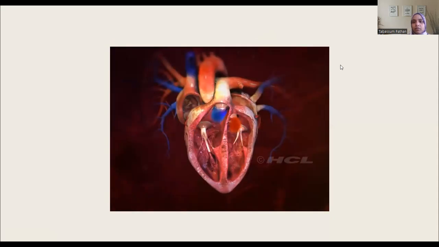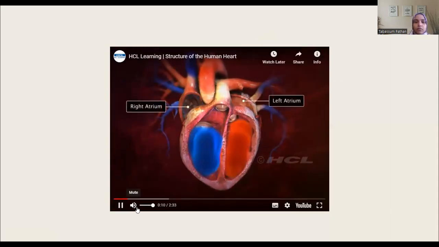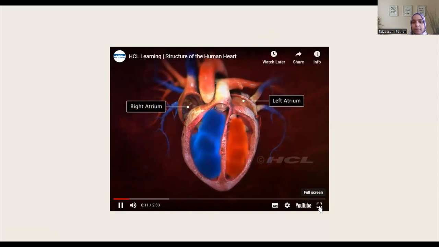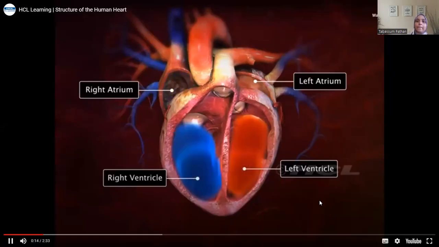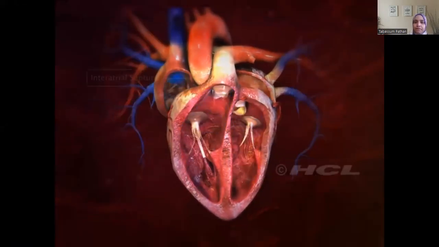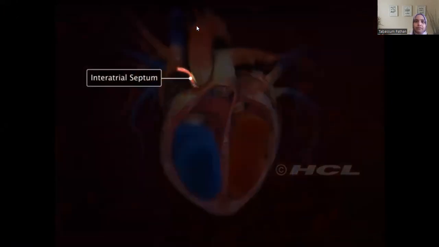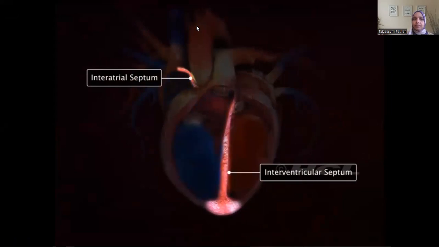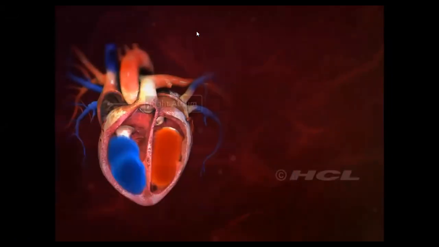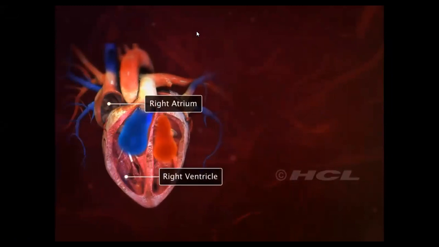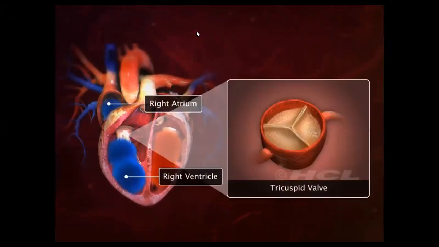The heart has four chambers. The two upper chambers are the atria, and the two lower chambers are the ventricles. The interatrial septum separates the two atria, and the interventricular septum is the partition between the two ventricles. The right atrium and right ventricle are connected through a tricuspid valve.